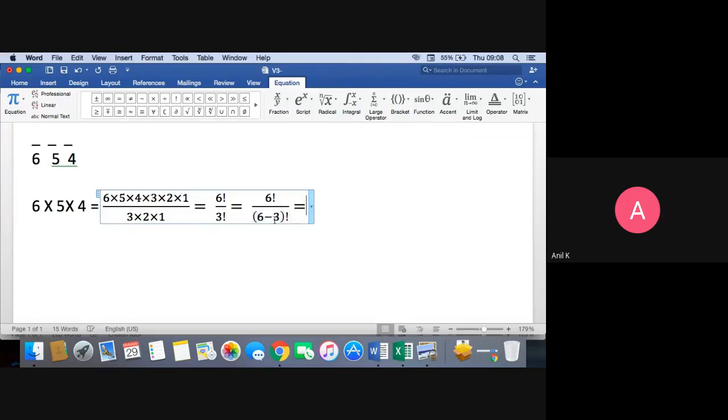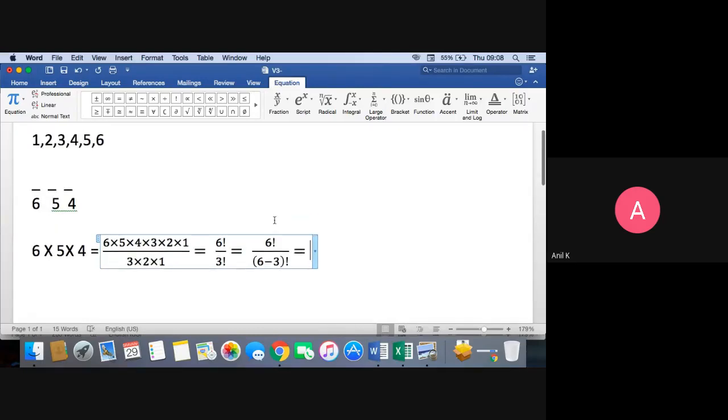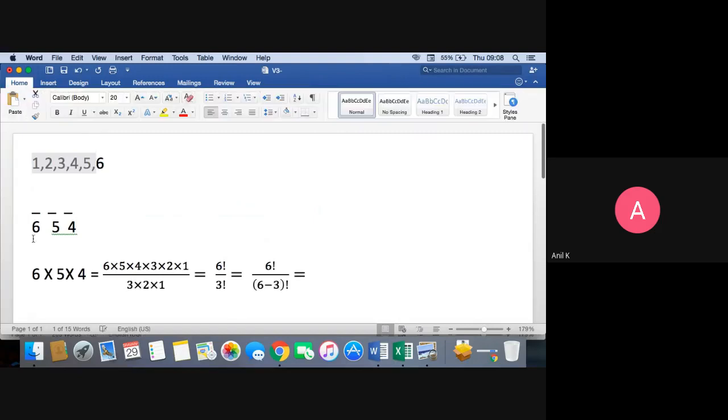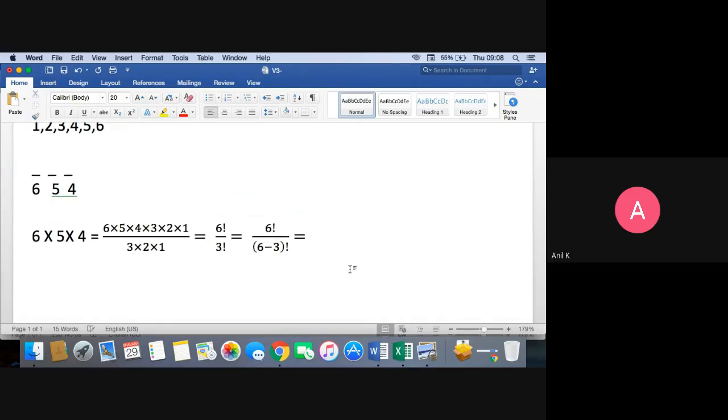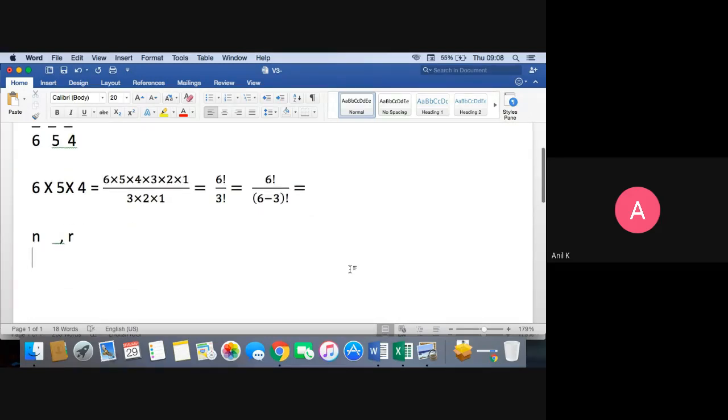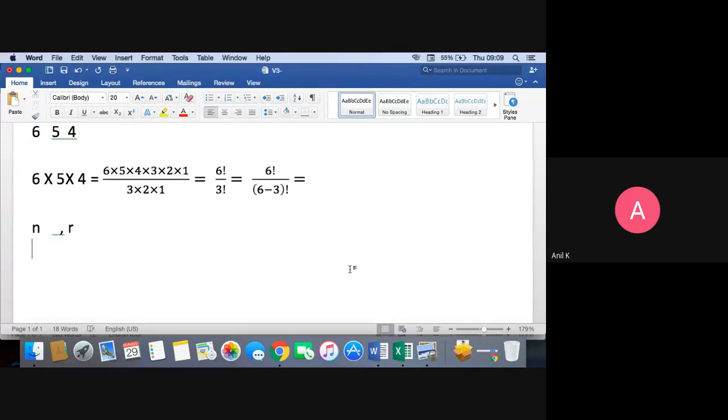Both will remain the same. Now if I generalize this formula, if I have 6 objects and out of 6 I am selecting 3 objects, my formula comes as 6 factorial upon 6 minus 3 factorial. If I generalize this formula, if I have n objects and I am taking r objects, the formula is going to be n factorial upon n minus r factorial.